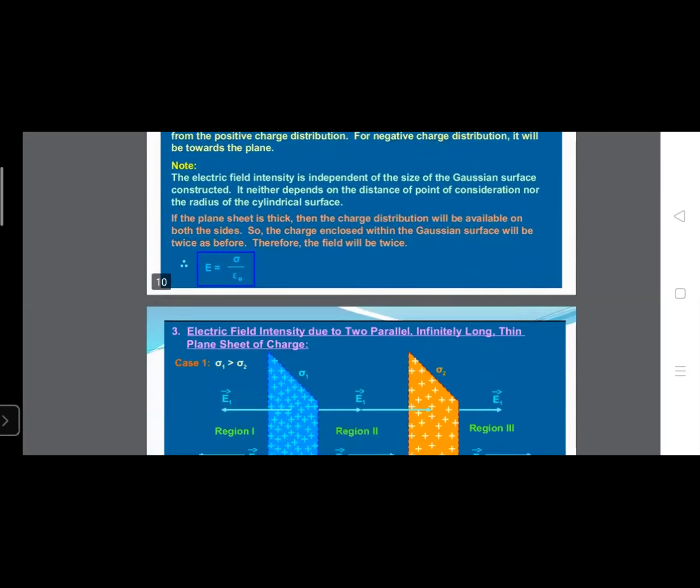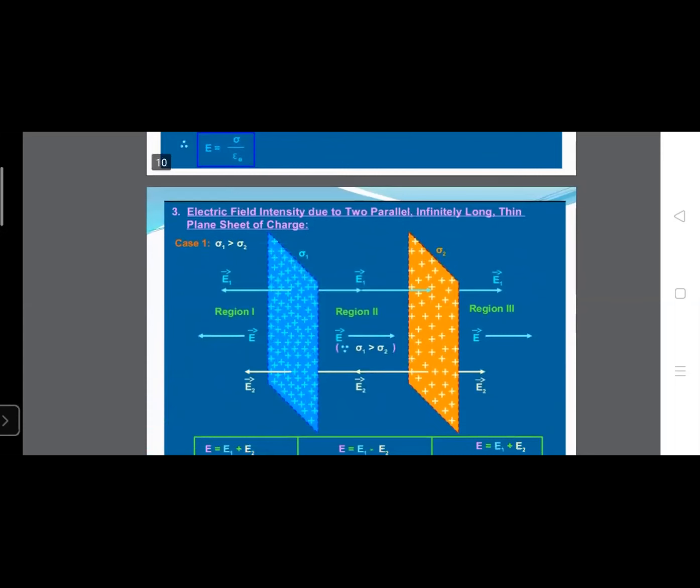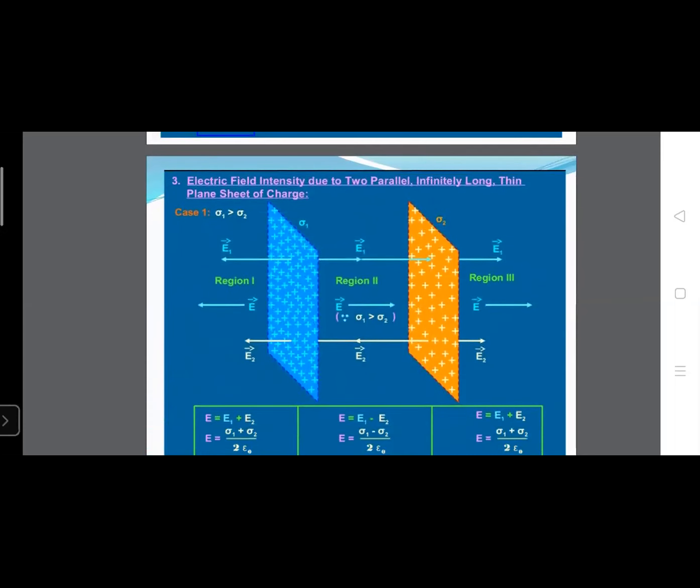Now third is the electric field intensity due to two parallel long thin plane sheets. For this, draw two plane sheets. Consider two plane sheets, both positively charged, kept at some distance from each other.